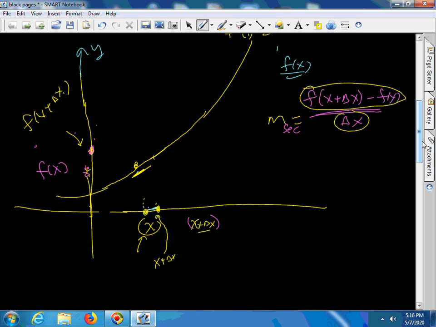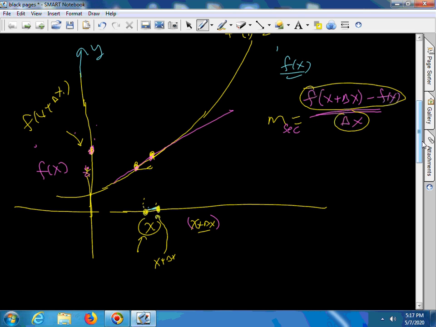So we have this point. We have this point. Now, let me put it more on the curve. This point, this point. Now, when I draw the secant line, you know what? It's starting to look really close to the tangent line, which I'm about to erase.